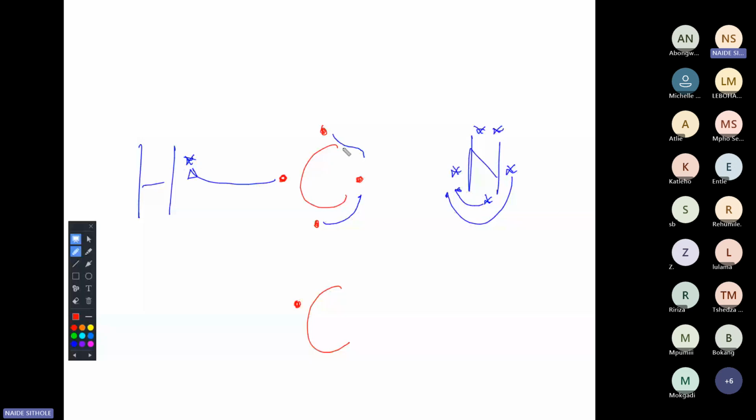You put the 3 dots in one place along that line, forming a triple bond. And then your hydrogen comes with its electron. Nitrogen comes with its 3, which are drawn to this side. And then you still have your lone pair here. Then this is what you should draw.